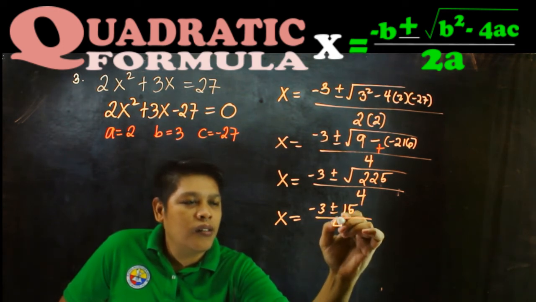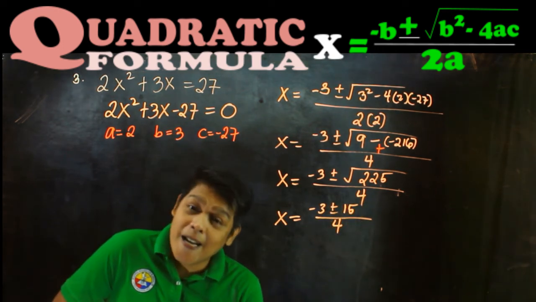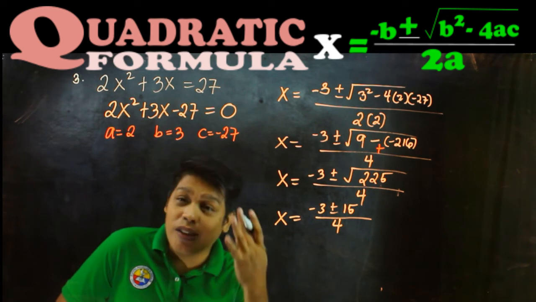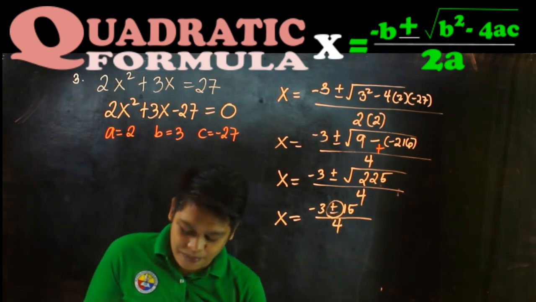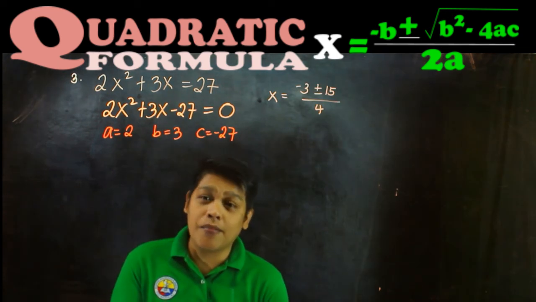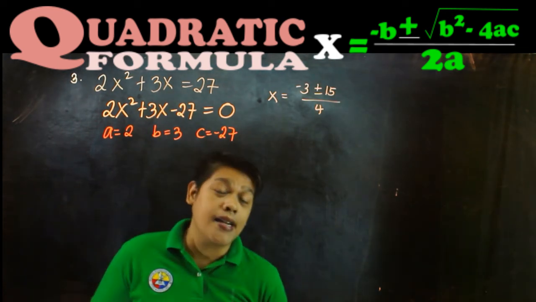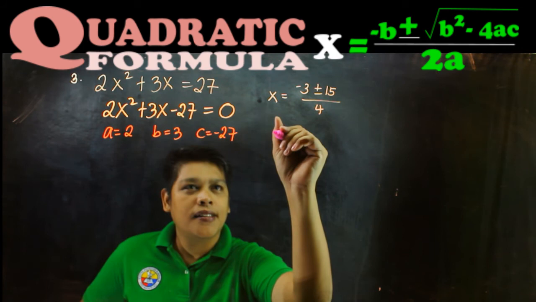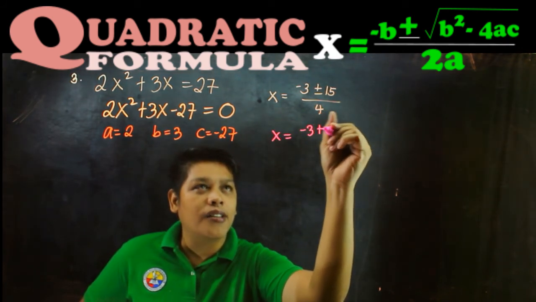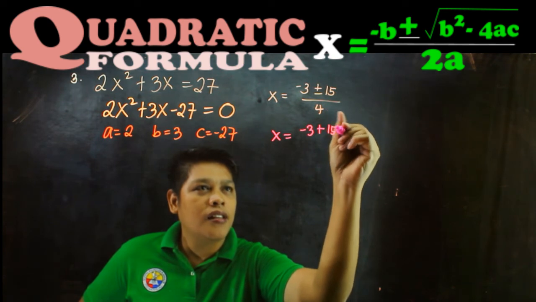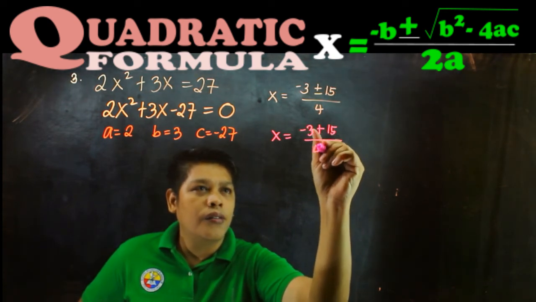Over 4. So, magkakaroon ulit tayo na dalawang value rito. Yung isa positive, isa naman ay negative. So, dito na tayo, sabi ko nga, isang plus, isang minus. So, x equals negative 3, yung plus muna tayo, 15 over 4.